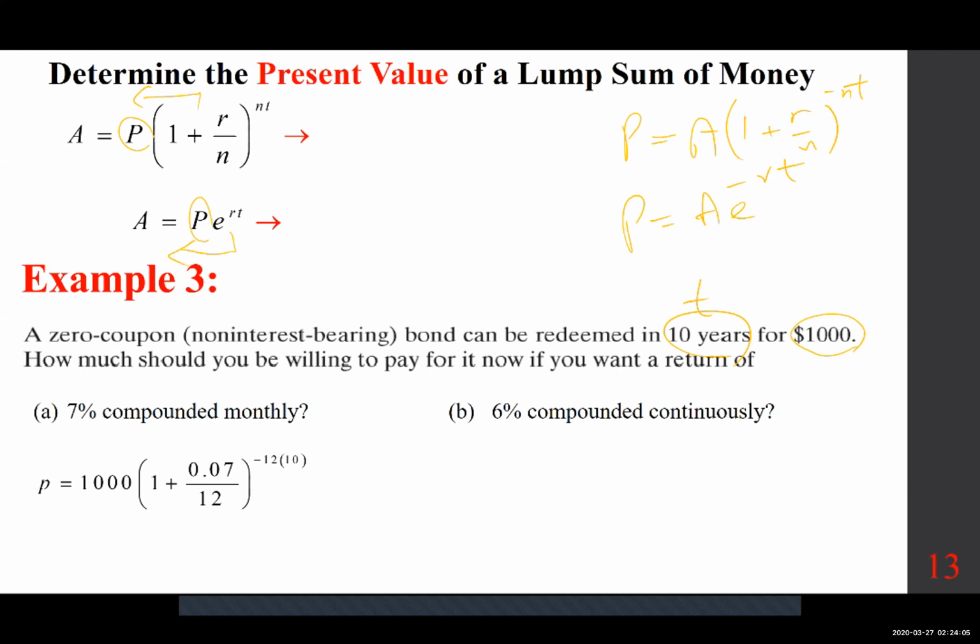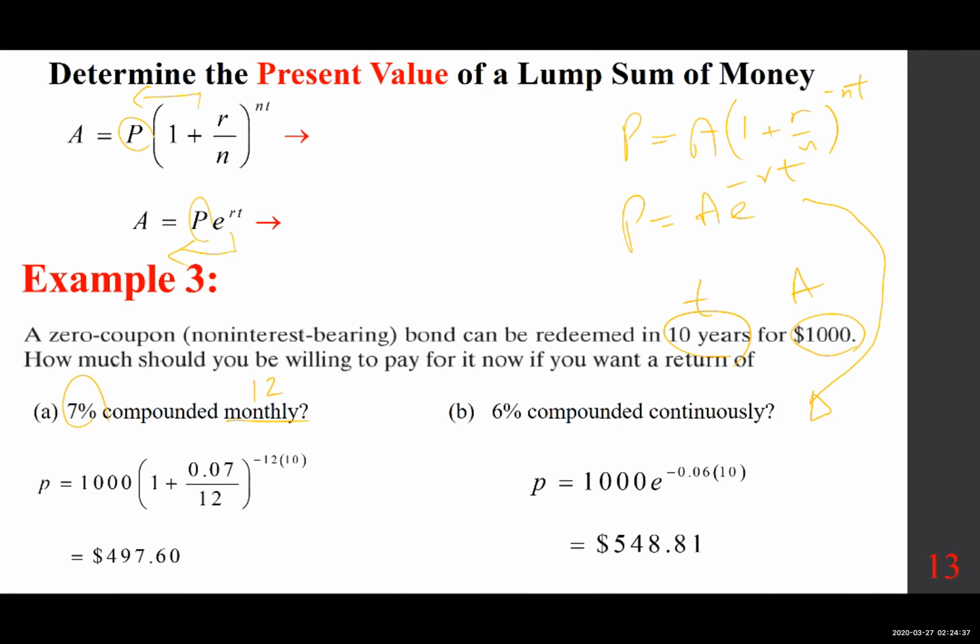That would be your A. So 7% is the rate here. Compounded monthly means 12. And you plug in, you have the answer. The other one uses the second formula. You plug in, you get this one. I hope that sounds good.